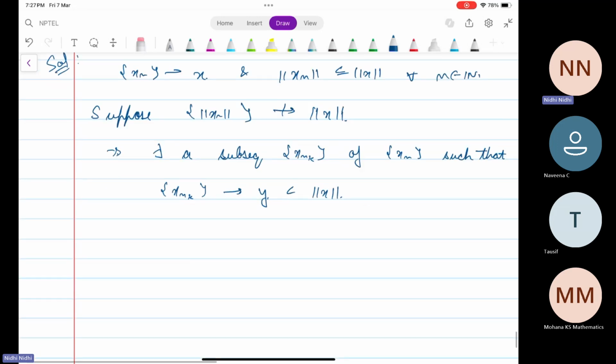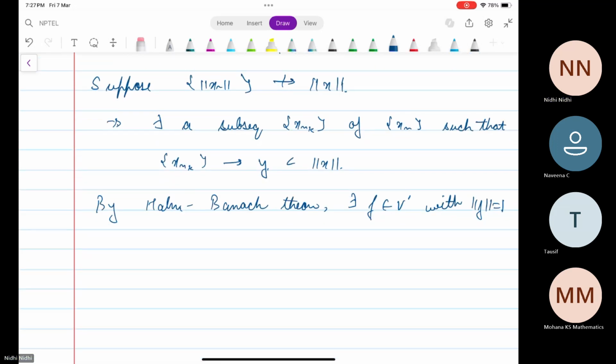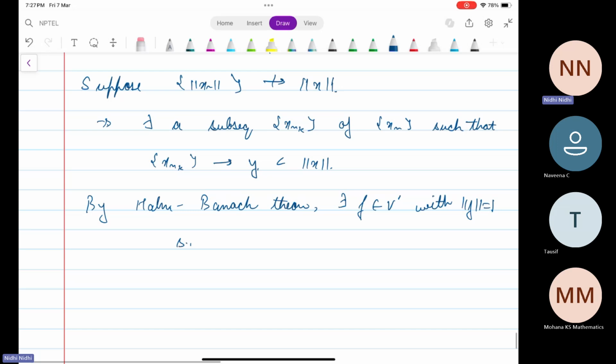Now, by Hahn-Banach theorem, we can find a functional f in V star with norm f equal to 1 such that it attains norm x, such that f(x) is equal to norm x.